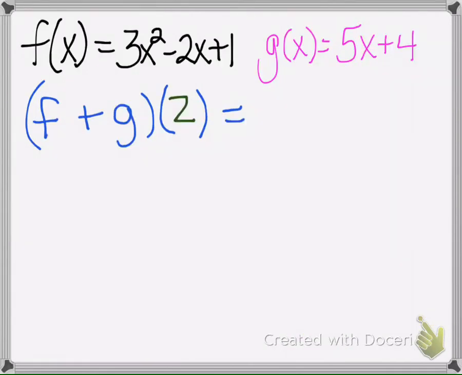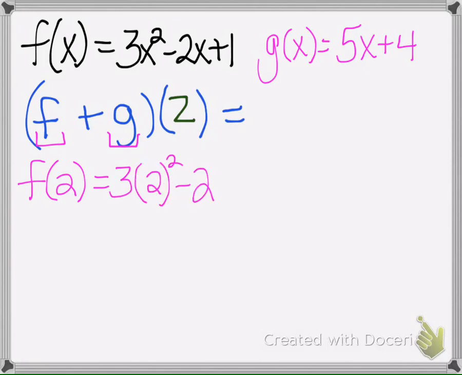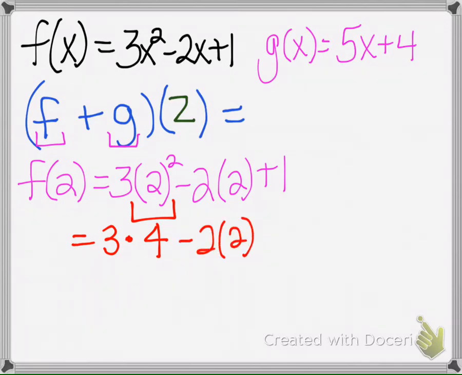In this next problem, we are asked to add f with g when the value of x is 2. So I will show you 2 different ways to do this problem. So one way is we are going to take function g and function f, and we are going to plug in 2 into both of them. So we're going to evaluate here, exponents first, then we're going to multiply, and we get 9.